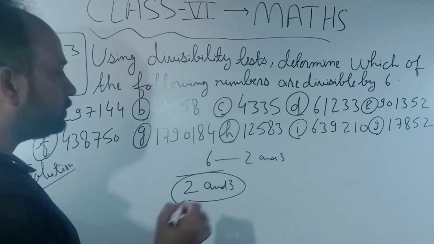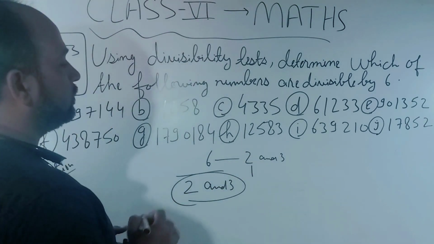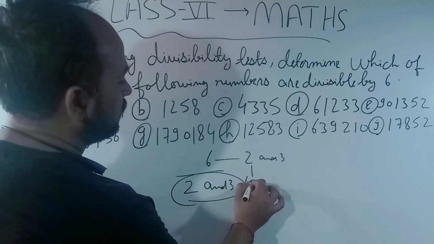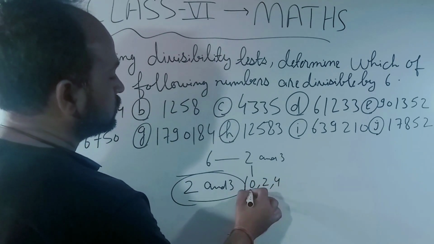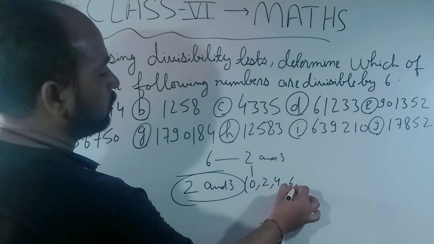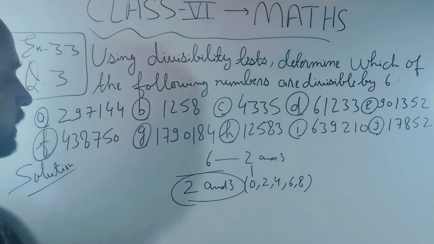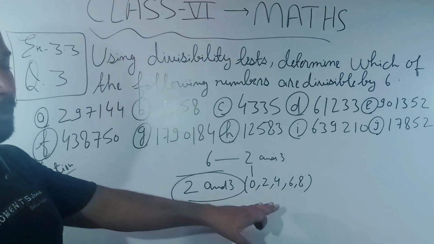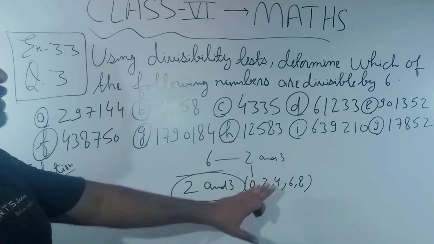For checking the divisibility of any number by 2, we will check only the last digit. If the last digit is 0, 2, 4, 6, 8, we can easily say that number will be divisible by 2.